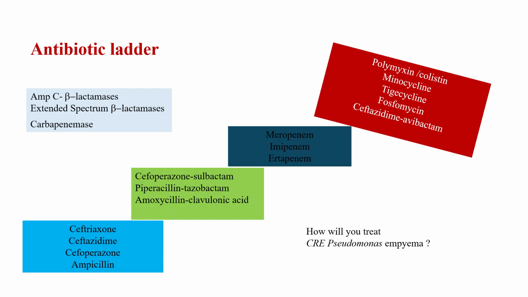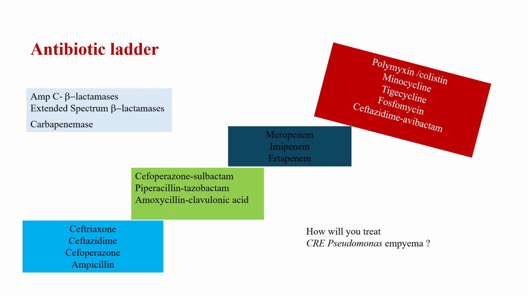So among the beta-lactam antibiotics, if your bug is resistant to third generation cephalosporins, that is ceftriaxone, ceftazidime, and cefoperazone, but susceptible to a fourth generation cephalosporin like cefepime, then the mechanism of resistance is most likely AmpC beta-lactamase.